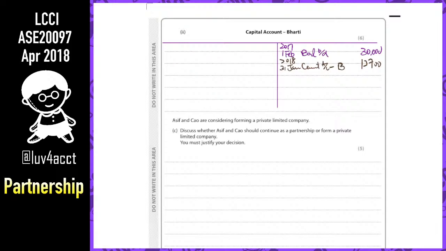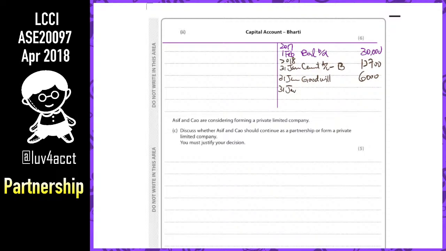Okay, we have the goodwill adjustment. Goodwill adjustment, we have how much? 18,000 divided, 6,000. Okay, so we still have one more thing.